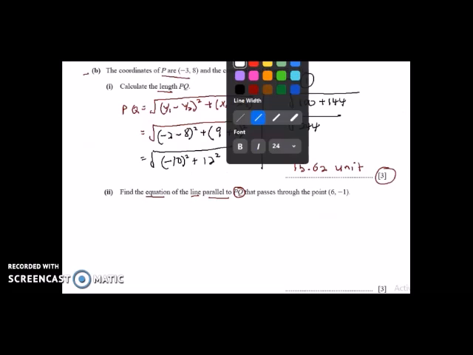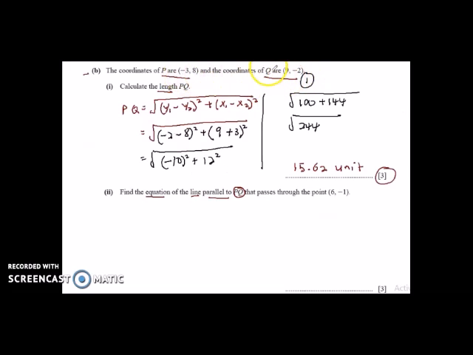Okay, for this question we'll be still using the P and the Q coordinates to find the gradient over here. So the gradient here will be negative 2, we minus with 8, okay, negative 2 the y1 minus with y2, and then x1 which is 9, we minus with negative 3 here, so we'll be getting negative 10 over 12.